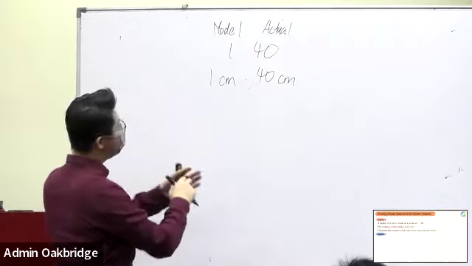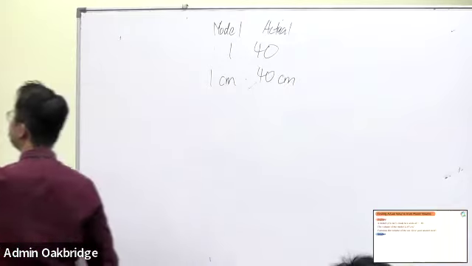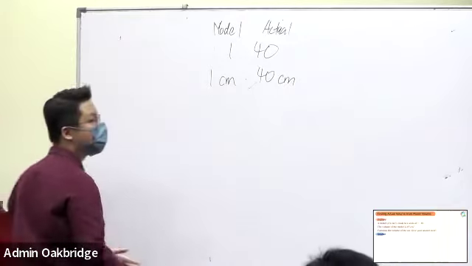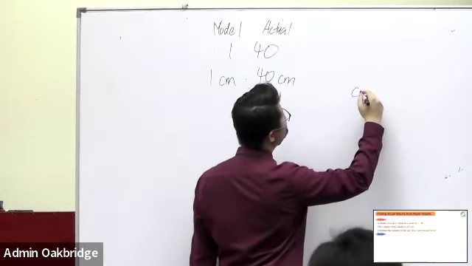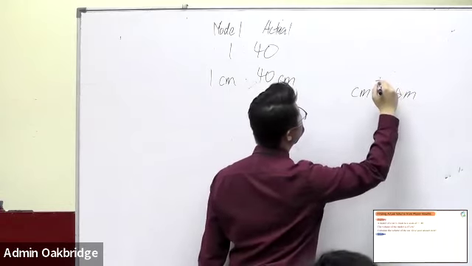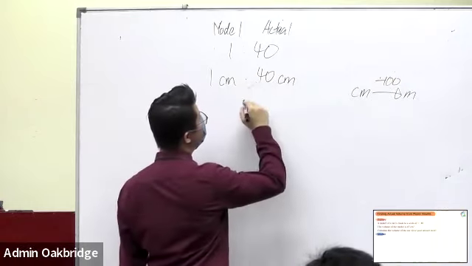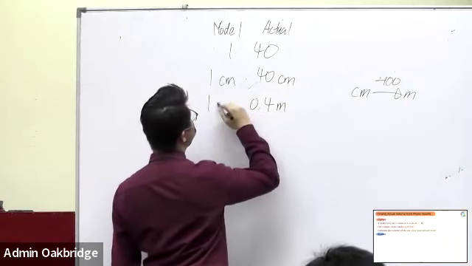Then we want to convert this unit on the right-hand side to the desired unit. Our desired unit is meter, since we want to find meter cubed, you need to find meter first. Again, cm to meter, divide by 100. So we have 0.4 meter, and this is 1 cm.